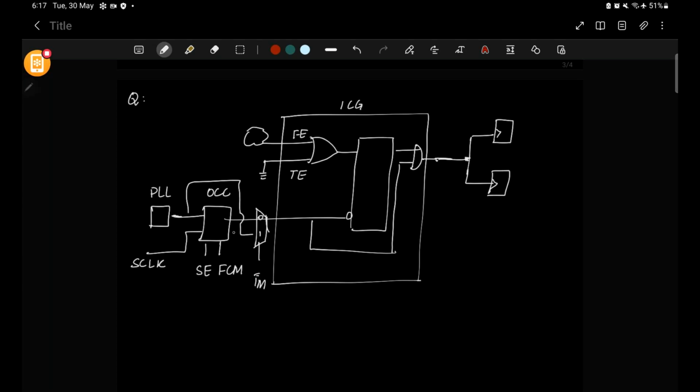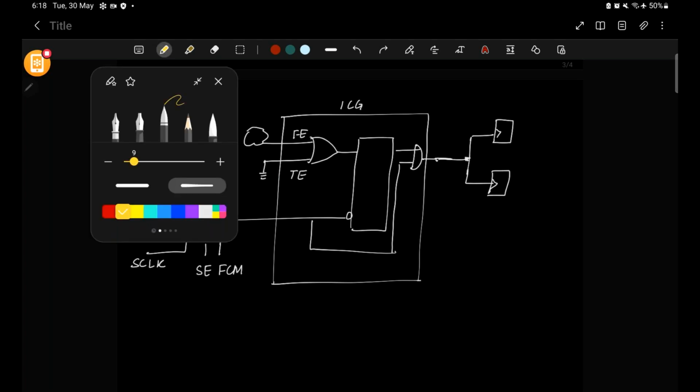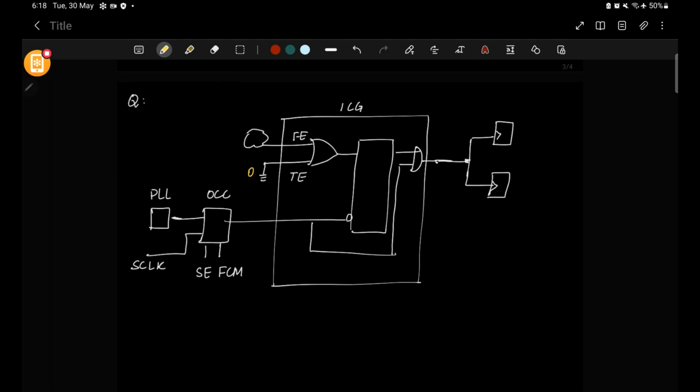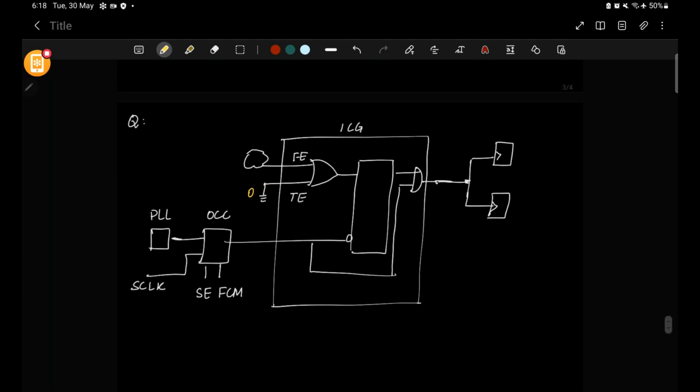Okay. So actually to this ICG, OCC's output only has to get propagated. So what is the fix? Here the problem is, if you see, the test enable signal is tied to ground. So at this OR gate, if one input is tied to ground, it completely depends upon the functional enable.